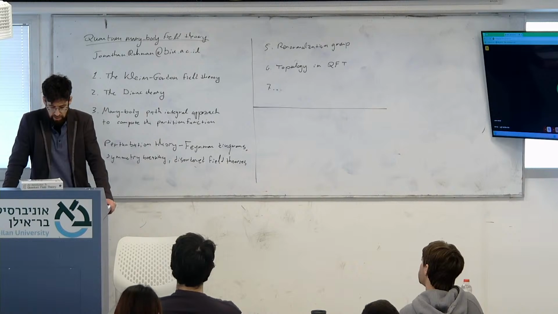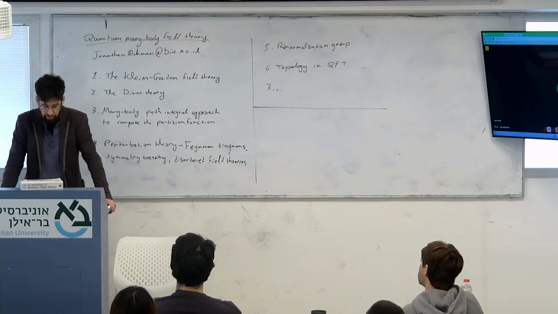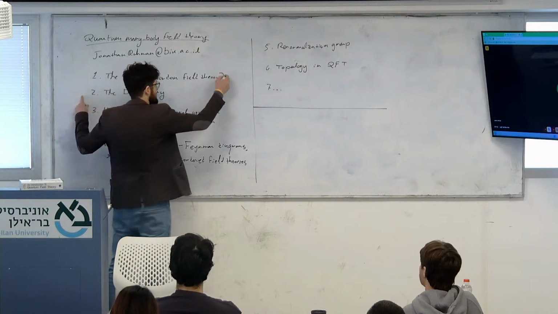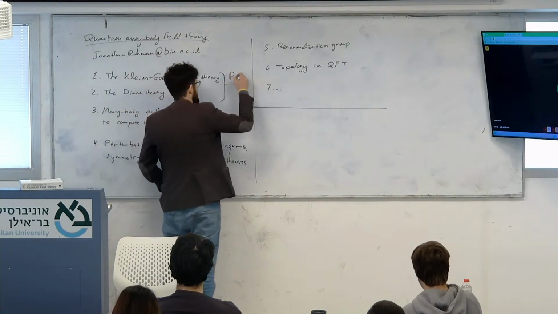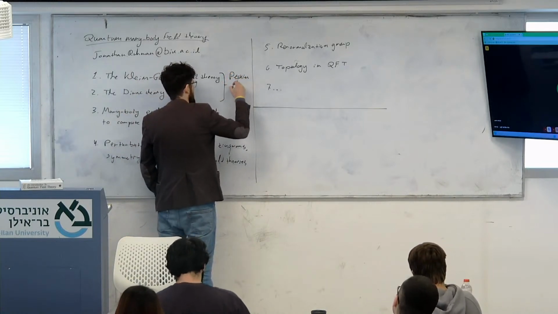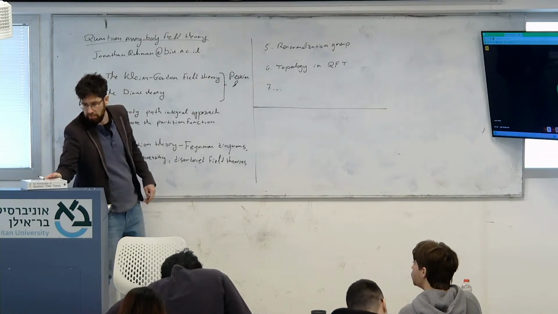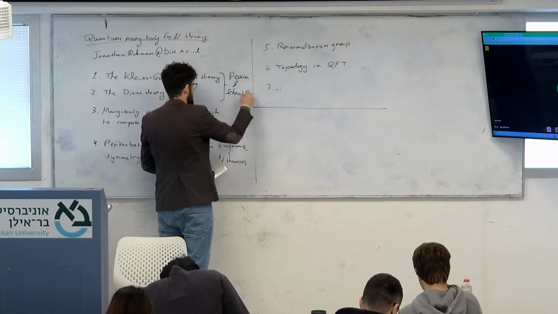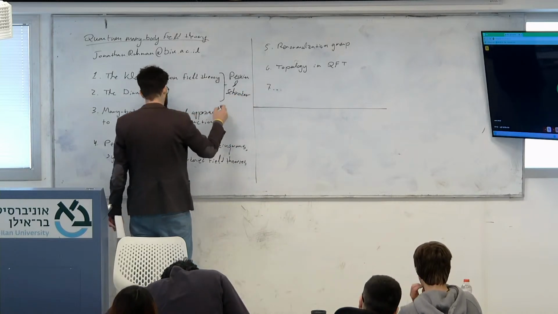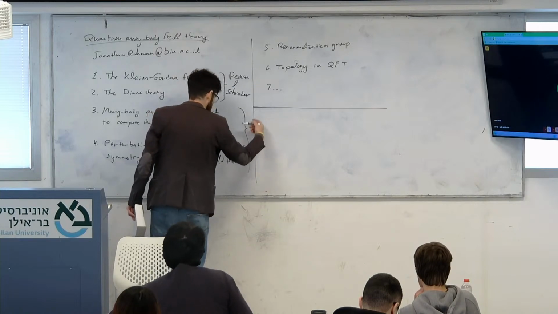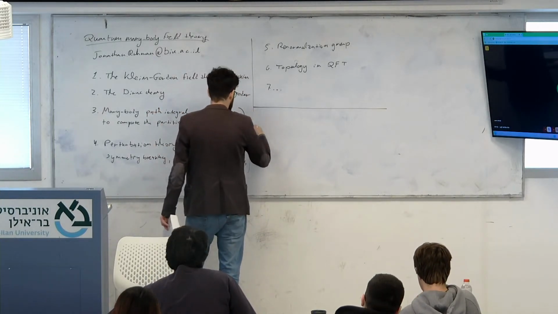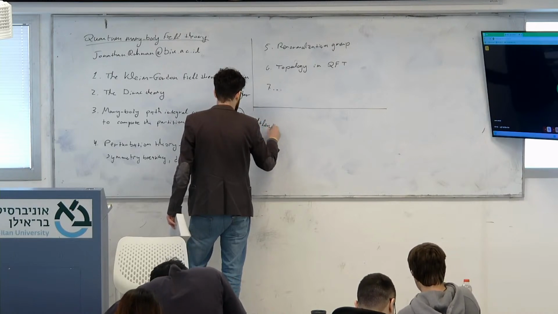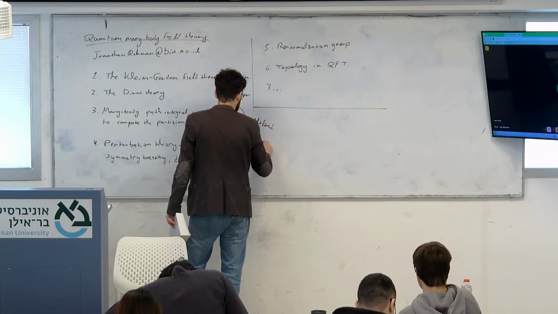Okay, so books. For these 2 topics, I'm going to use Peskin and Schroeder, and this is the book. For these 2 topics, I'm going to use Altland and Simons.